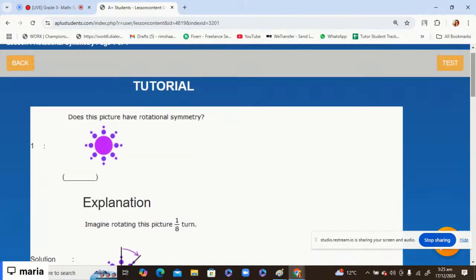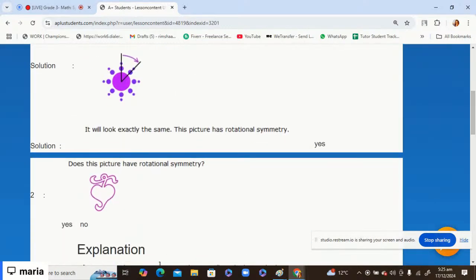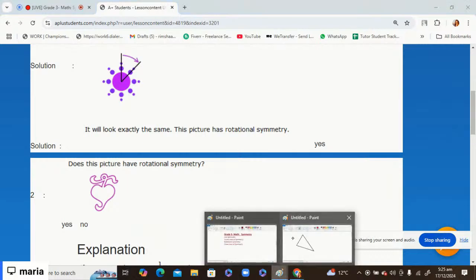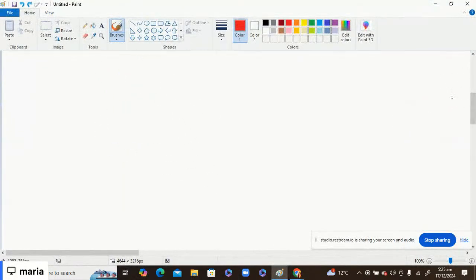Rotation, according to its name, means something like moving in the form of a rotation. Okay, and we are going to check how many rotations this picture has.